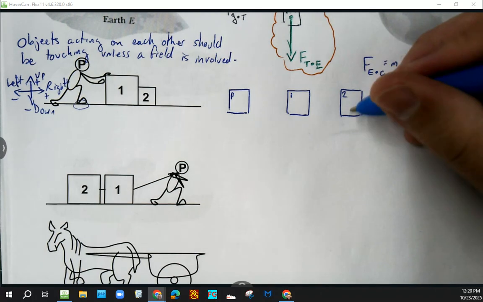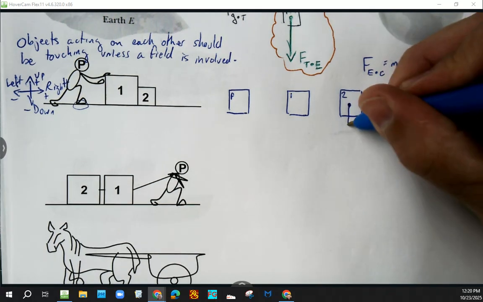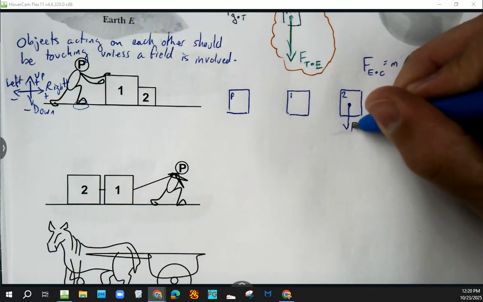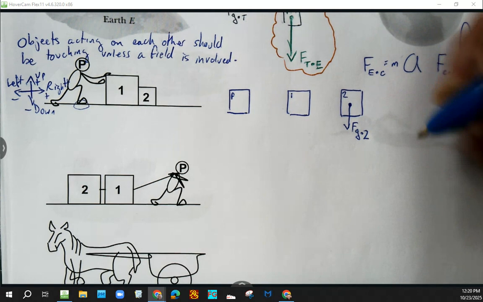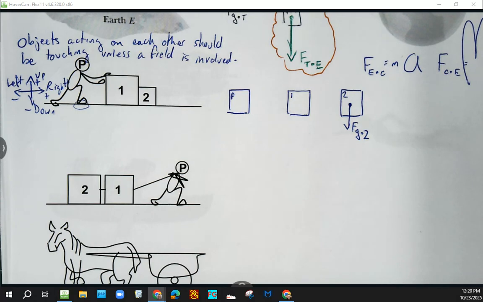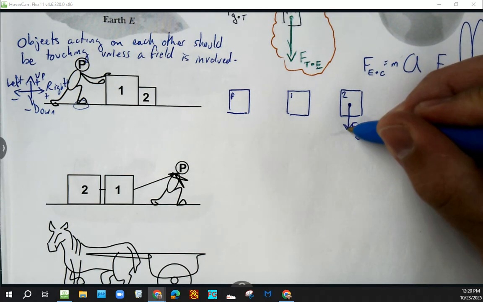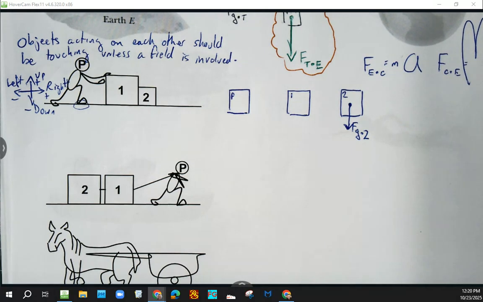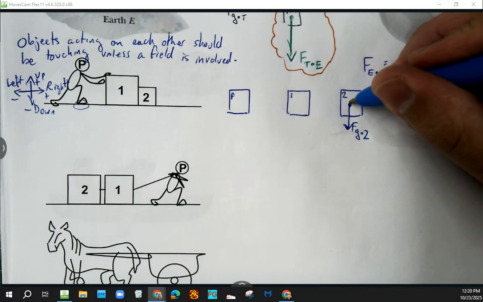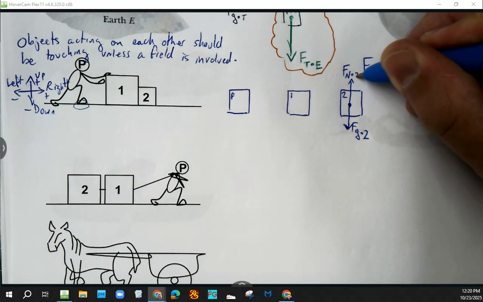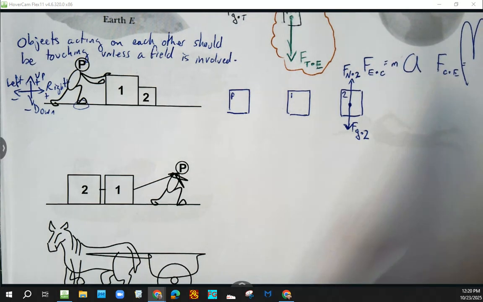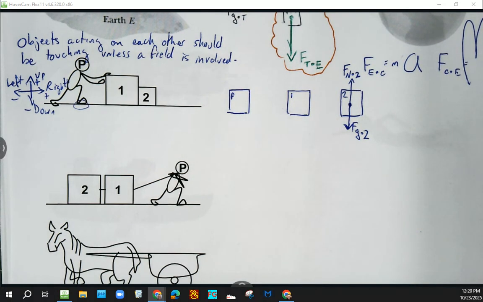If I start with the easiest thing, force due to gravity acting, sorry, not box 1, box 2. Force due to gravity acting on box 2. People always say, start with the easy stuff, start with what you know, and then go from there. If there's a force of gravity acting on box 2, isn't there also going to be a force of normal acting on box 2? So I am going to fall back to calling it not Earth on 2. Let's call it normal on 2, because I don't want to have to deal with a free body diagram of our planet.